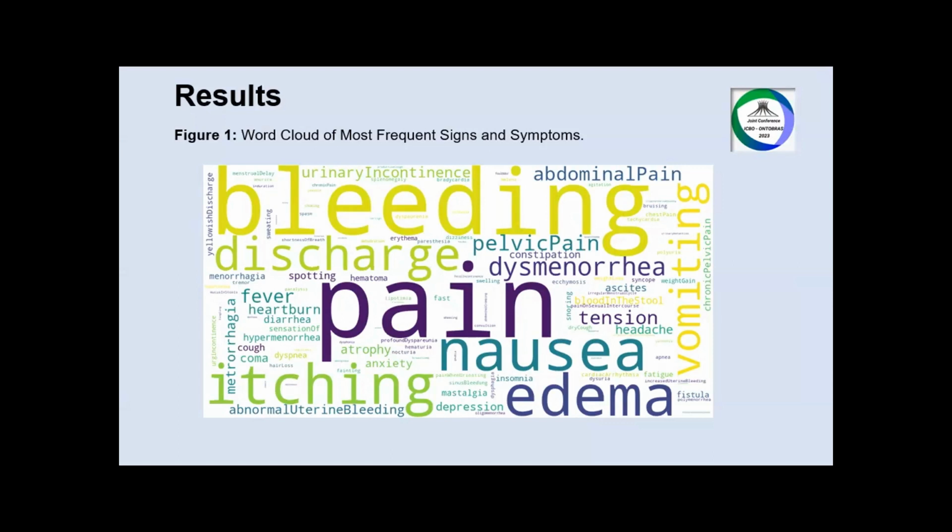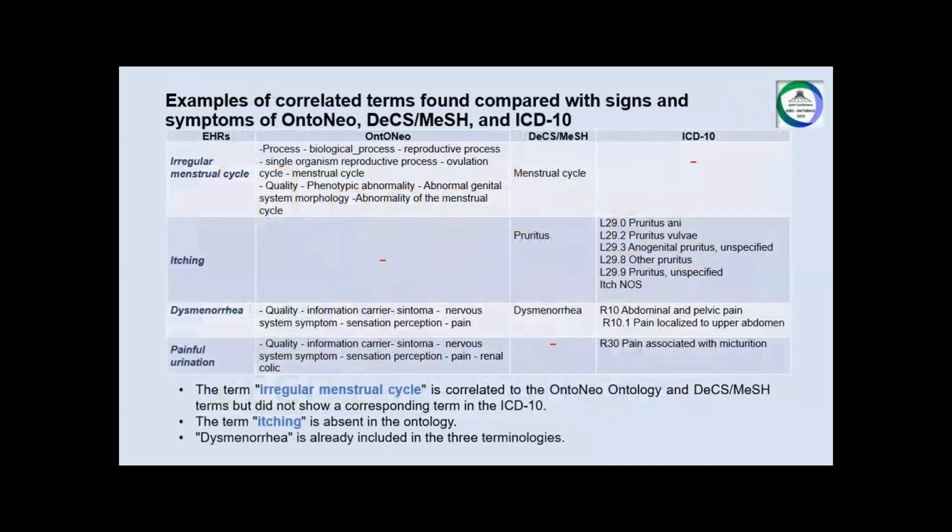We used a word cloud to represent the most frequent terms within the notes from electronic healthcare records. So this is an example of the correspondence, the mapping between the clinical terminologies.